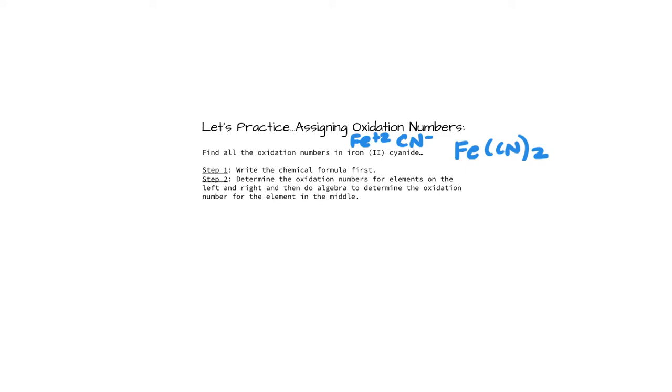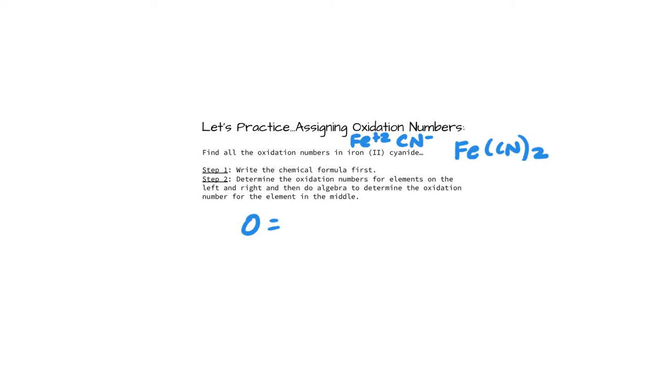So I now know the formula is Fe(CN)2, and because this is a neutral formula unit, I am going to make all of this equal to 0. It becomes a little tricky here because I know that the cyanide has to equal a -1, and there are 2 of those.